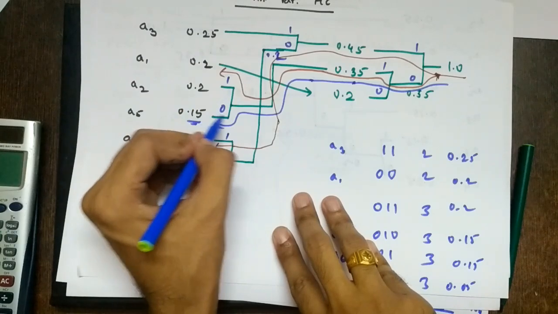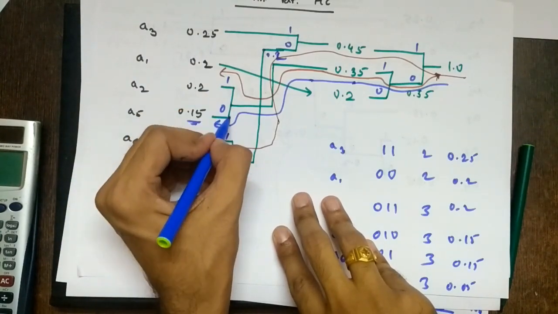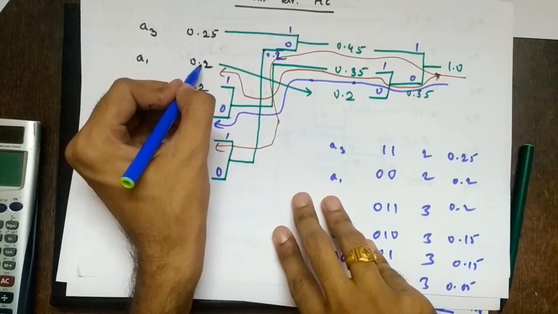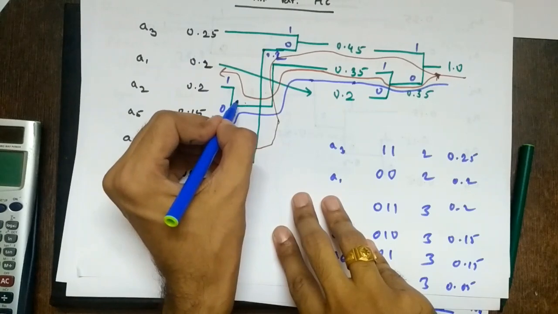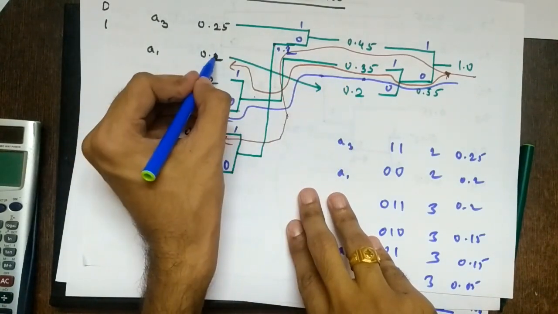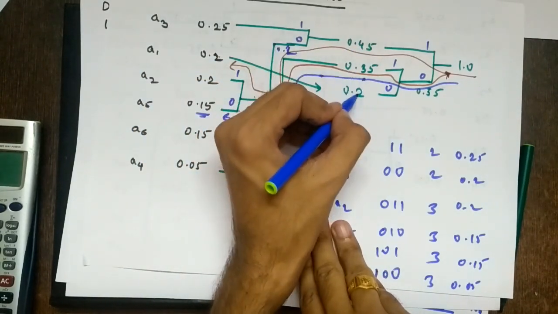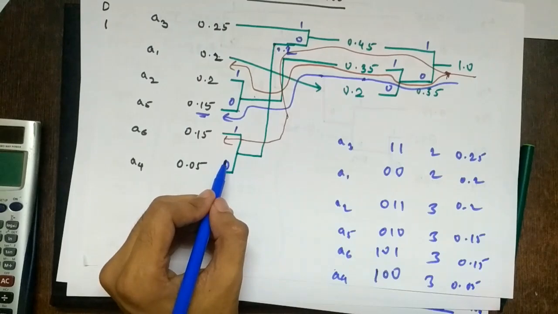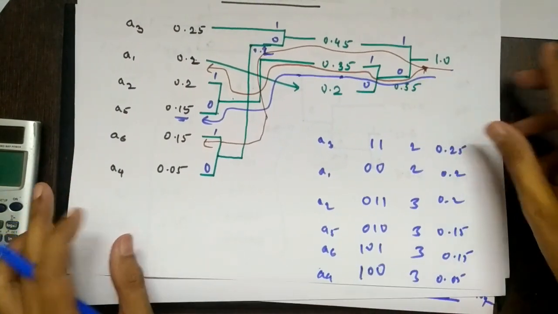Then this was the usual case. So add them, what you got, 0.35. So 0.35 is again greater than 0.2, right? So you should take it here. We had got 0.45, then 0.35, then this 0.2 was left. So we took it over here. And then this was the usual case, we solved it further. Okay. So this is the way you have to solve sums on Huffman coding. Okay. Thank you.